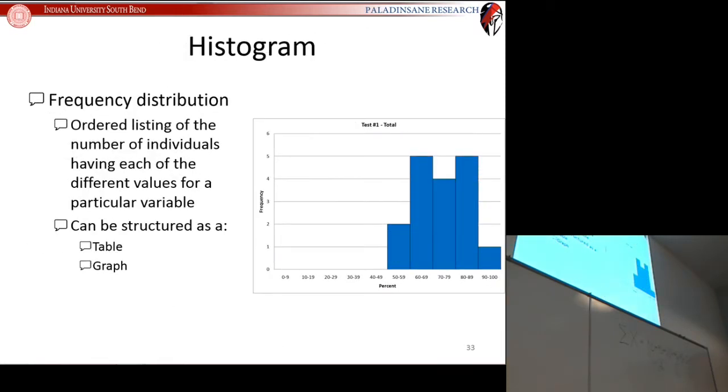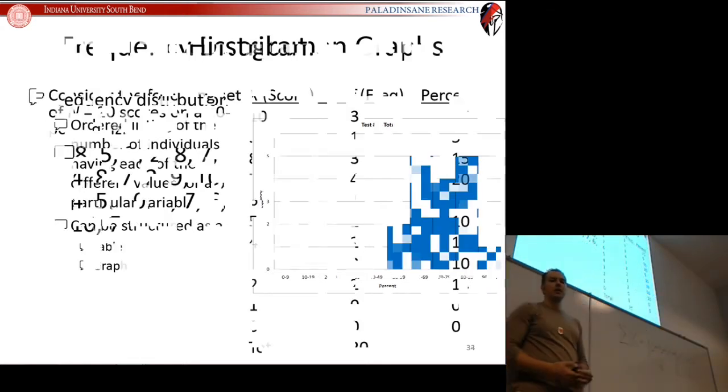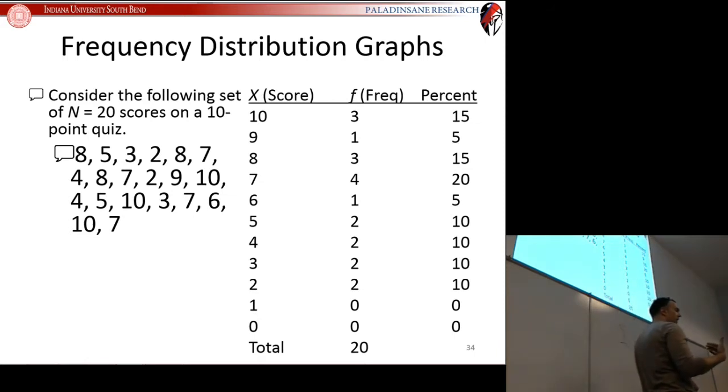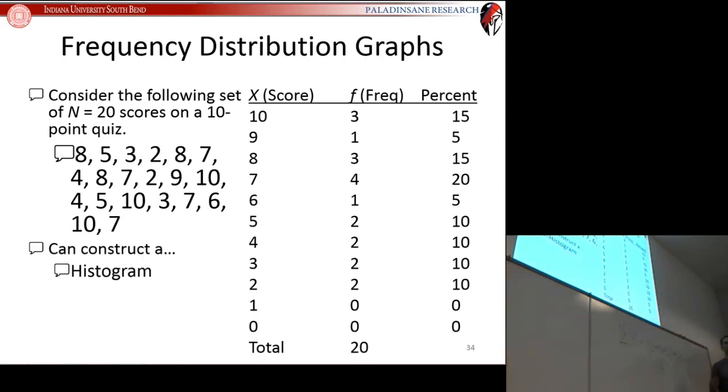You can also, and we've already seen this example here, show your frequencies in graph form as well. We'll take the exact same data, and your frequency graphs can be constructed as either a histogram or a bar graph. There's virtually no difference between the two. I'll just mention what it is when we get to bar graphs.